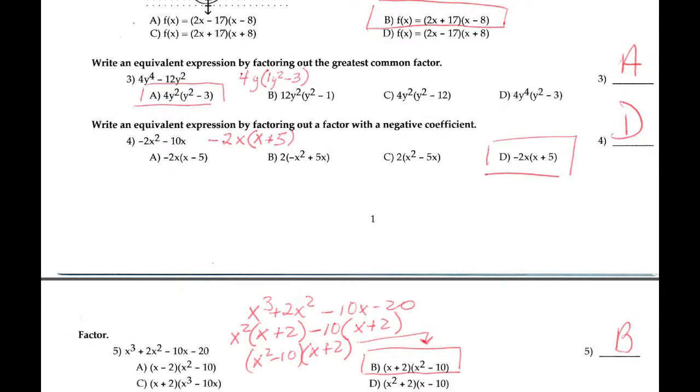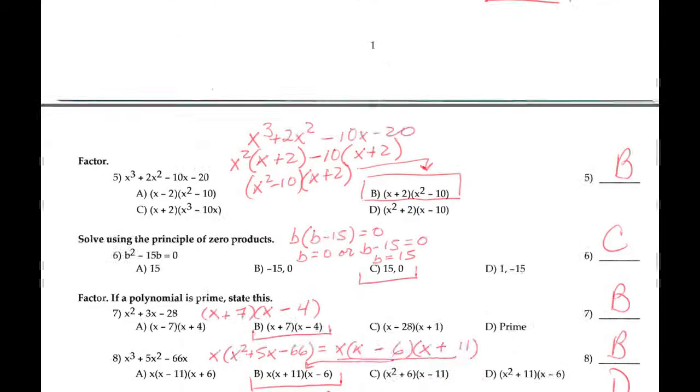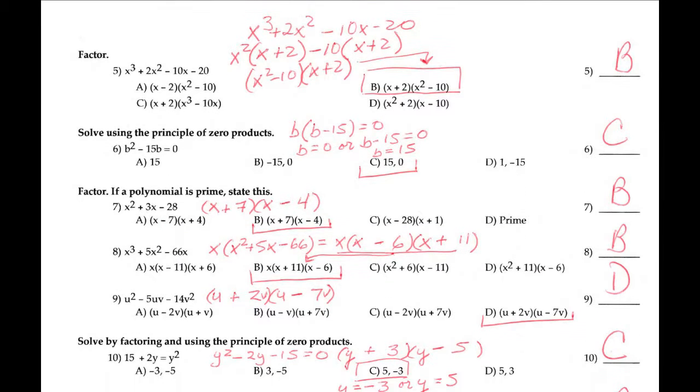All right, let's raise it up a little. Now here they're asking us to factor this, and this is 4 terms. So we're going to factor by grouping. So what can we take out of our first 2 terms?